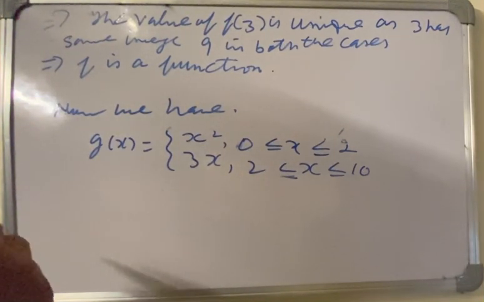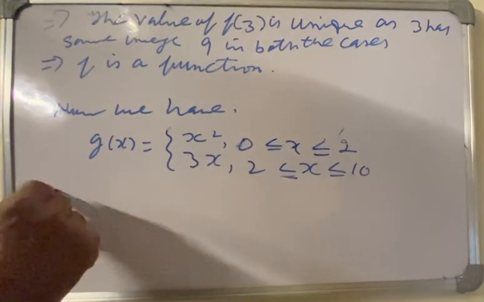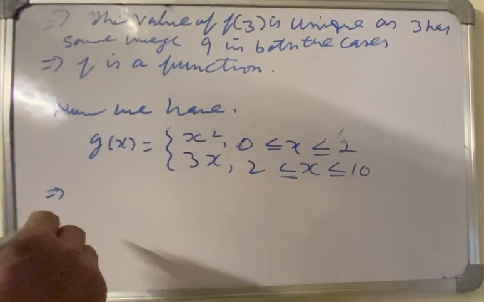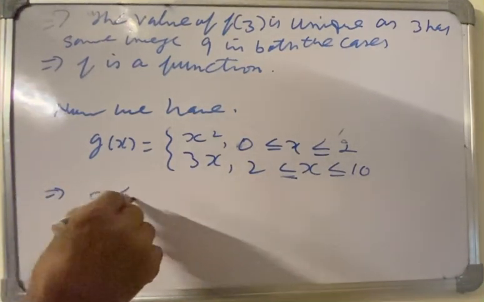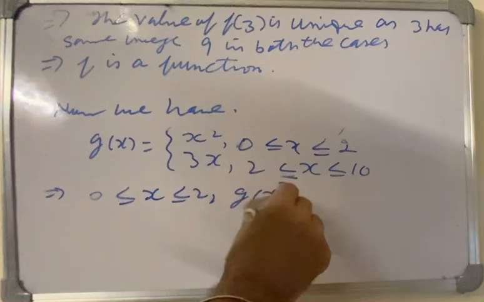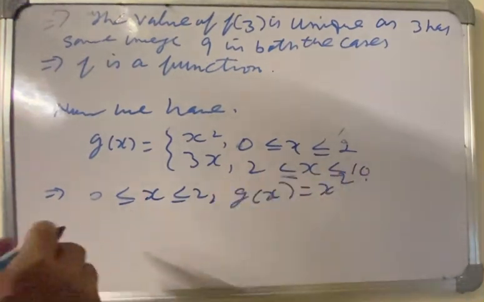This implies 0 less than equal to x less than equal to 2, g(x) is x squared.